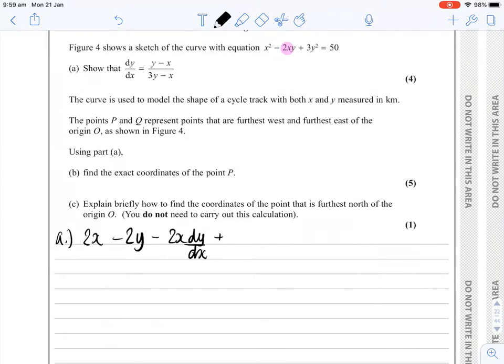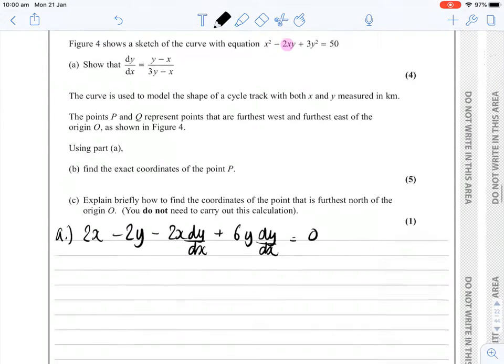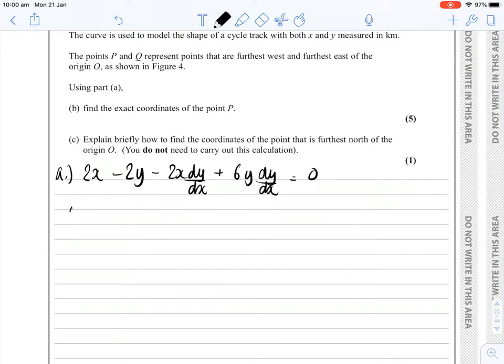Then it's 3y squared. Differentiate normally, we get 6y, and then dy/dx because we differentiated y, and the 50 will disappear. So this will give us 6y dy/dx minus 2x dy/dx is equal to 2y minus 2x.